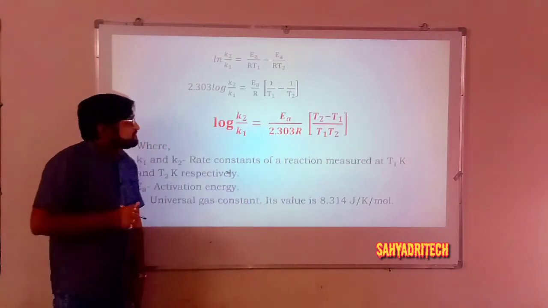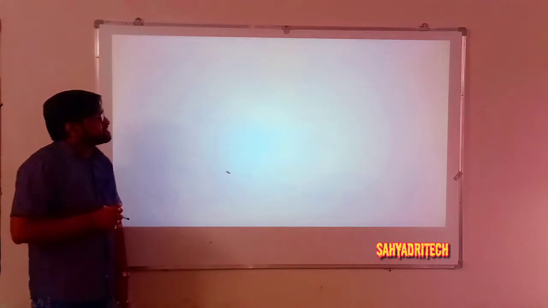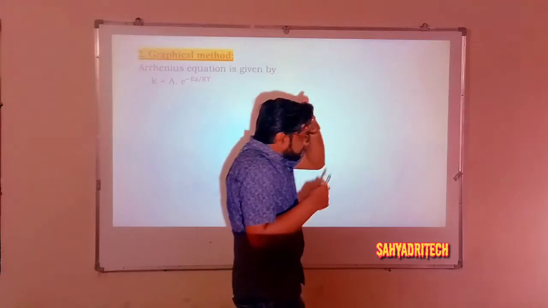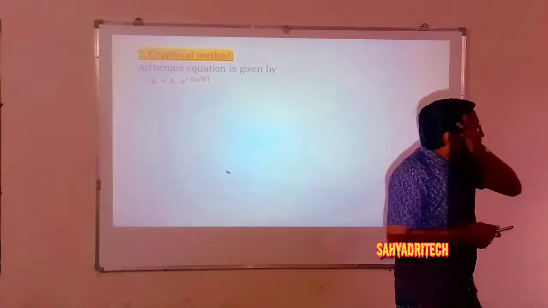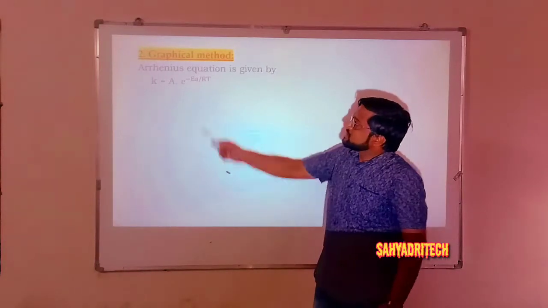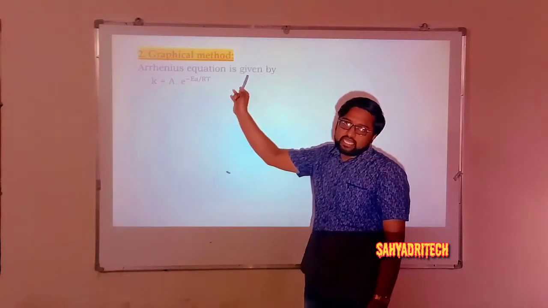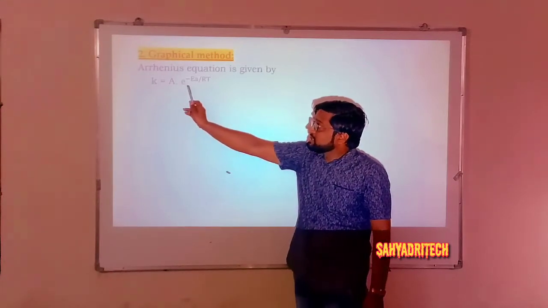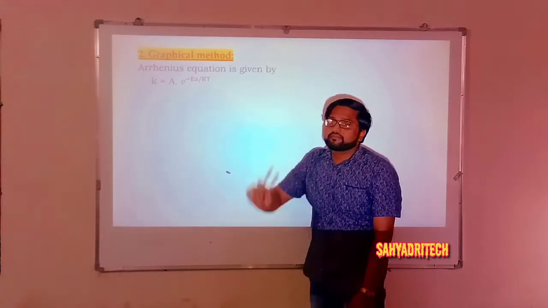Well, what is the second method we said? That is the graphical method. Again, for the graphical method also, what is the basis? That is the Arrhenius equation itself. So the Arrhenius equation for a reaction is given by K is equal to A into e raised to minus Ea by RT.